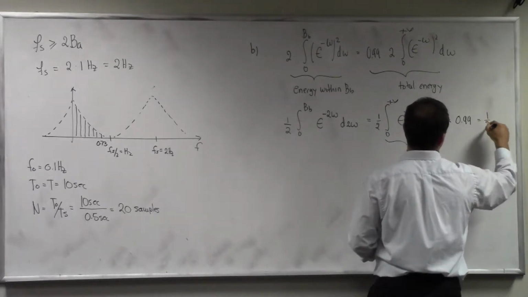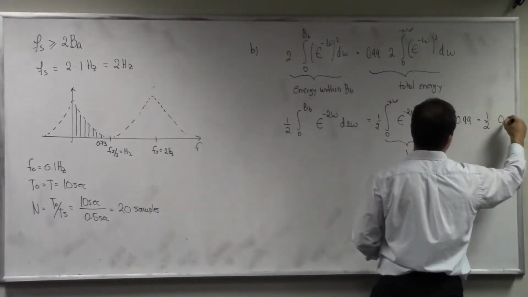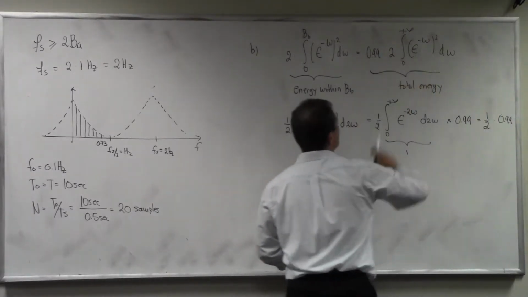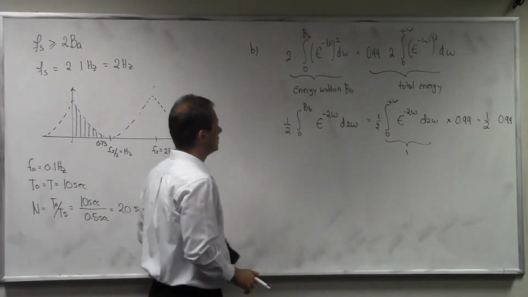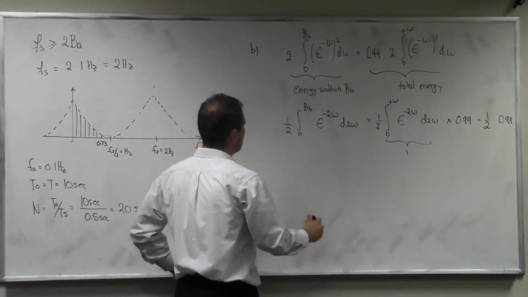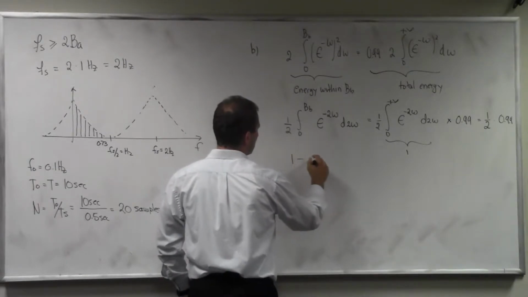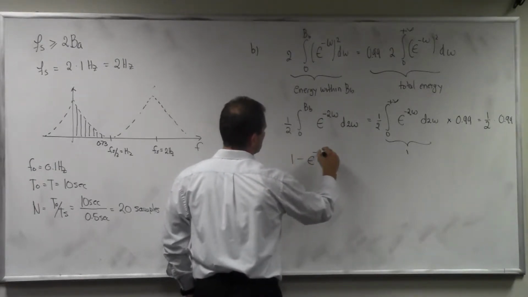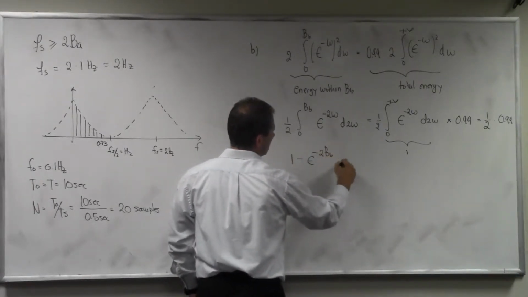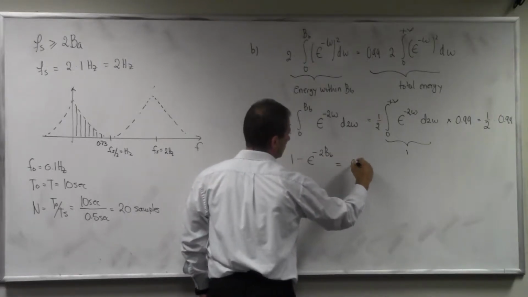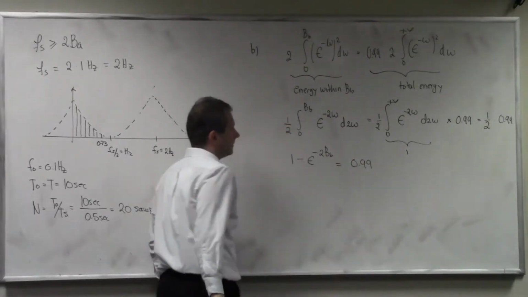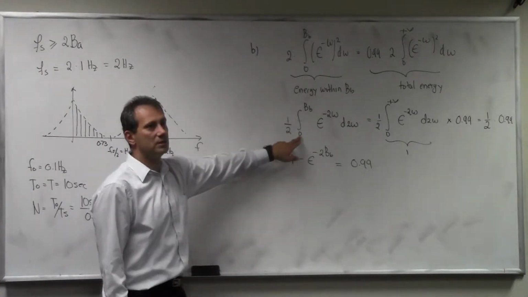So it's 1/2 times 0.99 because I want to capture 99% of this energy. Now half and half cancel, and this is 1 minus e to the minus 2B has to be equal to 0.99. Okay? The value of this integral is this.